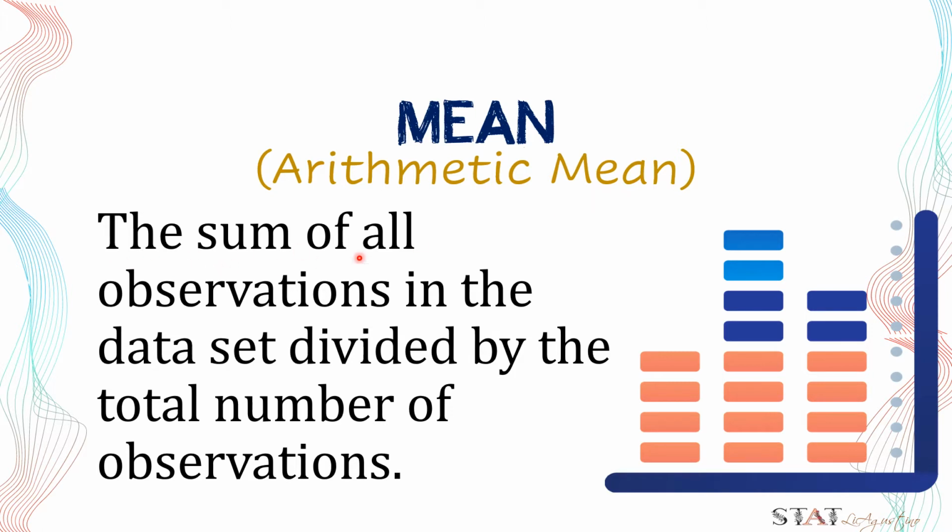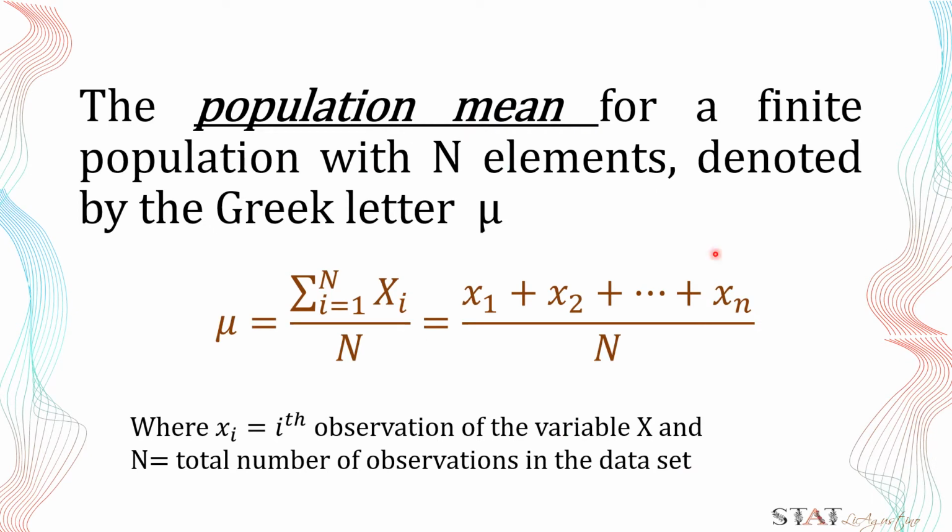It is the sum of all observations in the dataset divided by the total number of observations. So that is the textual definition; let's express it in a mathematical way. Just like in our summation notation, I believe that you can read this expression already. This is the summation of xi, where the index i ranges from 1 to n, over n. So what is this? The population mean.